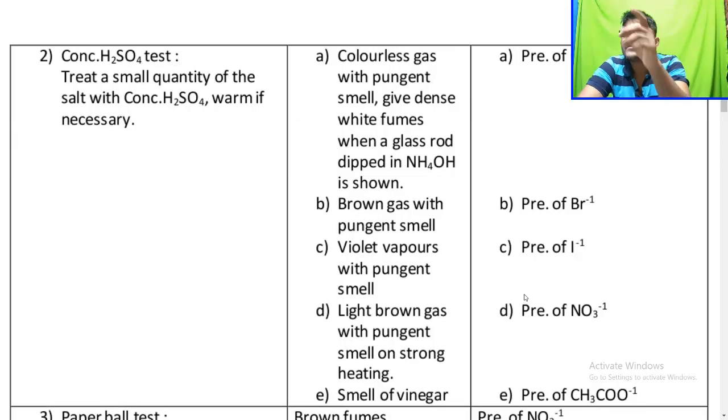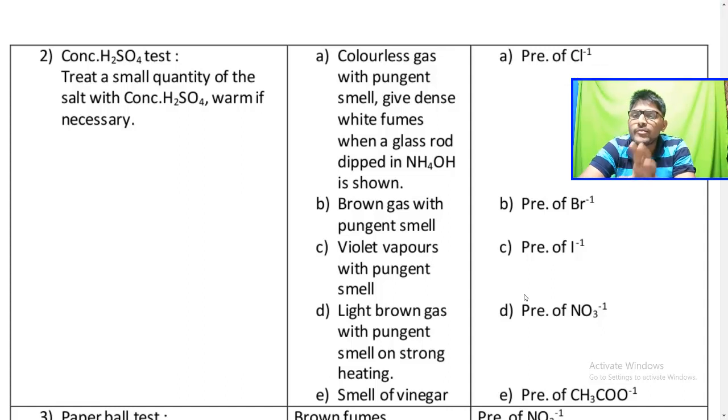After this, the concentrated H2SO4 test is written here: treat a small quantity of salt with concentrated H2SO4, warm if necessary. Guys, be very careful, because concentrated H2SO4 can harm your skin, so be very careful with these experiments. There are many options related to this, like you can also skip this.